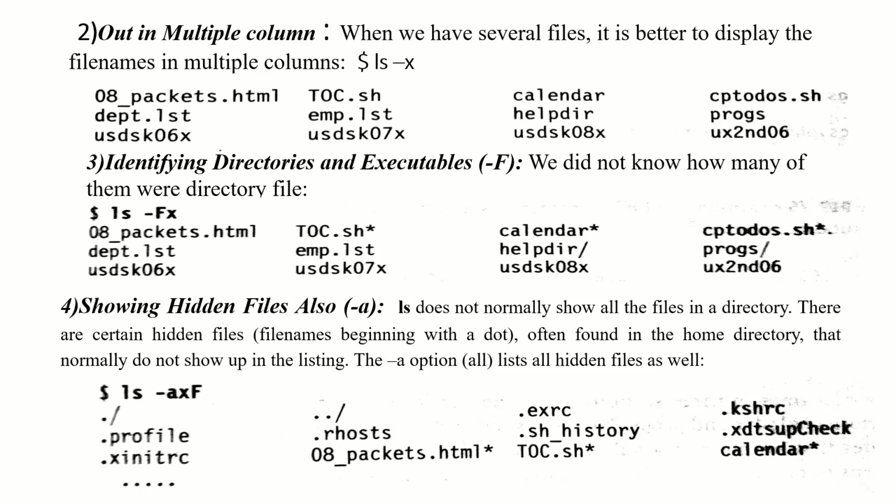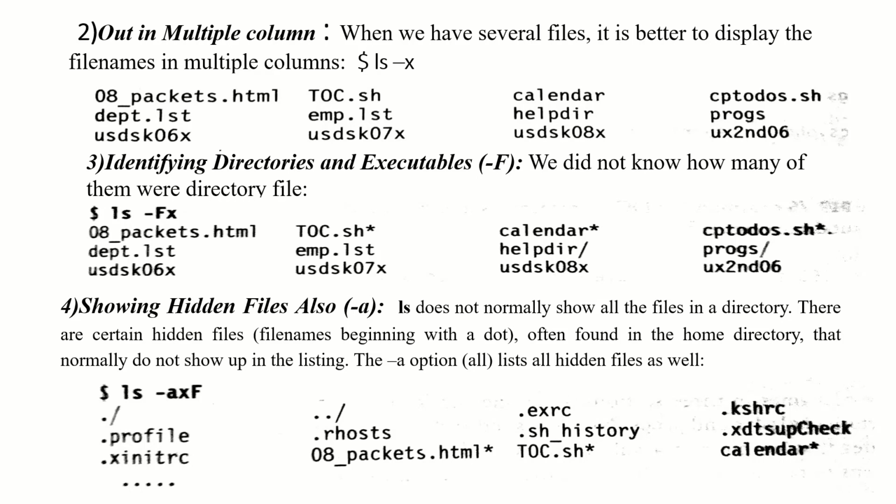Here the output of ls that we have seen so far showed the file names. We did not know how many of them were directory files, and to identify directories and executable files, the -F option should be used.